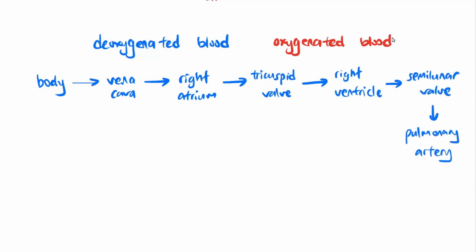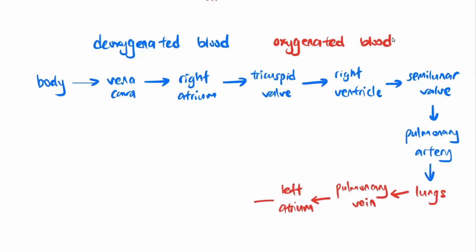Okay, then it comes to the lung to get the oxygen. So you get the oxygen in the lungs already, right? So it becomes oxygenated. Then it starts to go back already. So it will be delivered through the pulmonary veins to enter the left atrium.